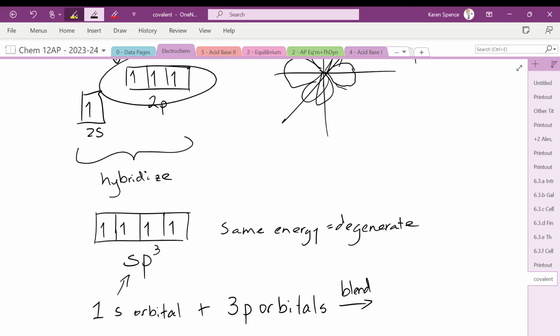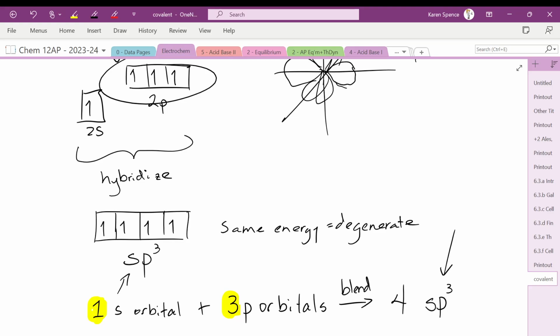Now, we started with 1 orbital and 3 orbitals. How many orbitals are we going to have in total? 4. And we have an s and a p3. Now, do you have to go through this mental gymnastics every time you do this? No. What you have to remember is that this is the format in which we write hybridization. So it's going to be sp something.